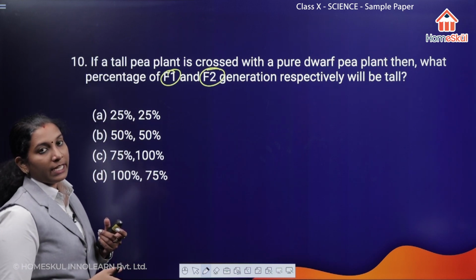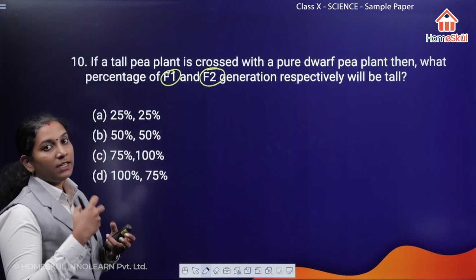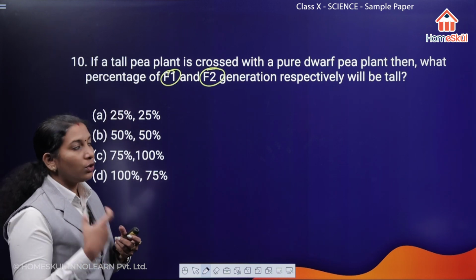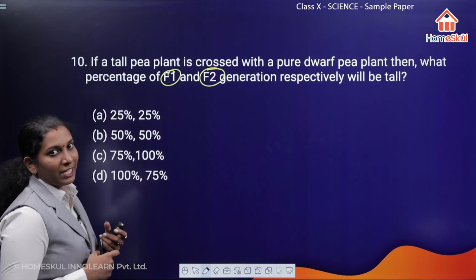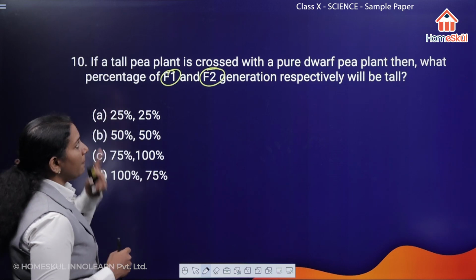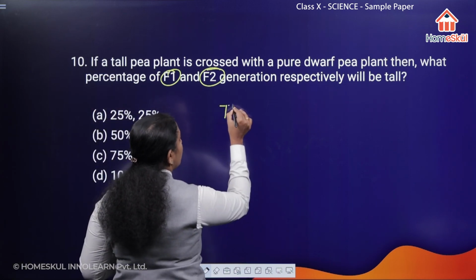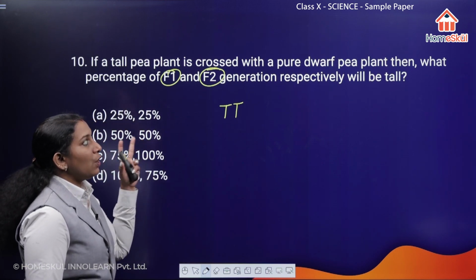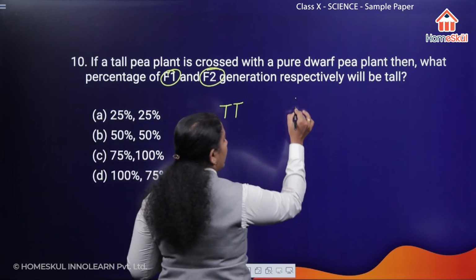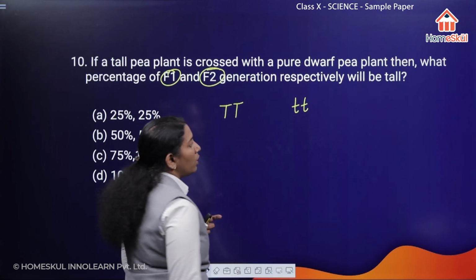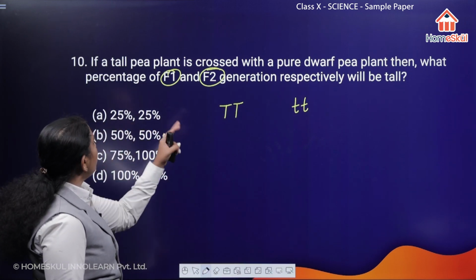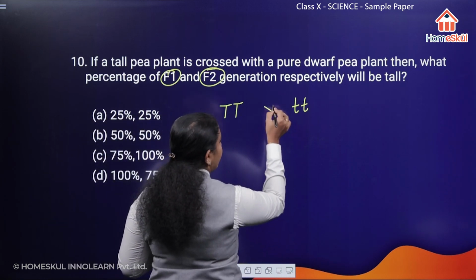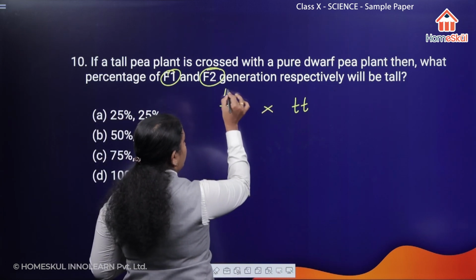Here you have to remember the monohybrid cross by Gregor Johann Mendel. If a tall pea plant, we can consider as capital TT, is crossed with a pure dwarf pea plant, we can assume it as small tt, then what will be the F1 generation when these two plants are crossed?